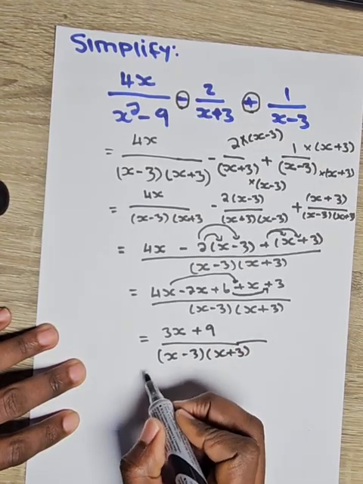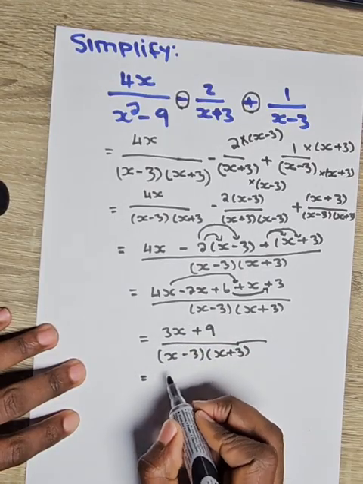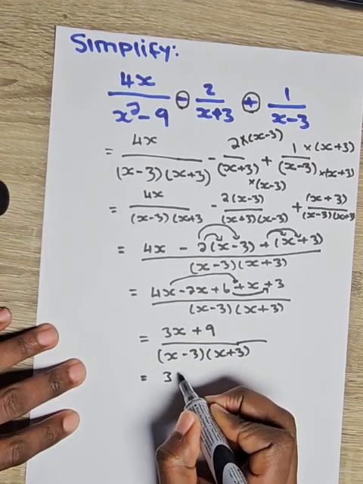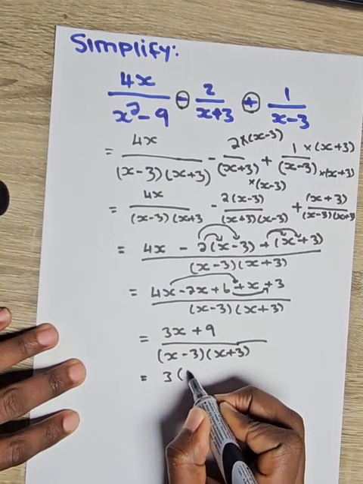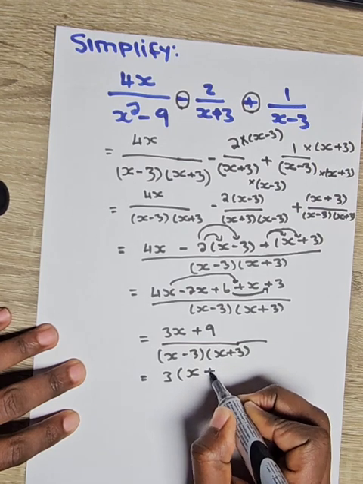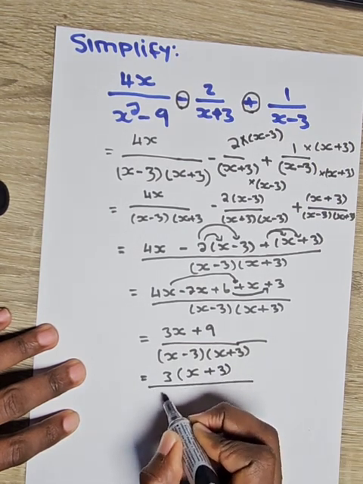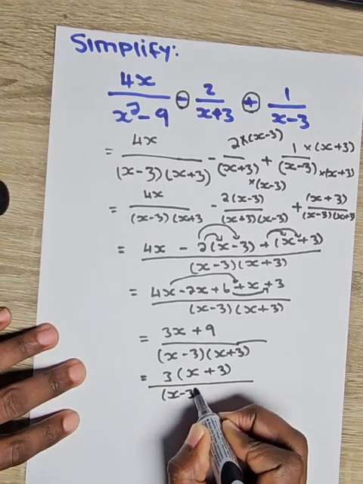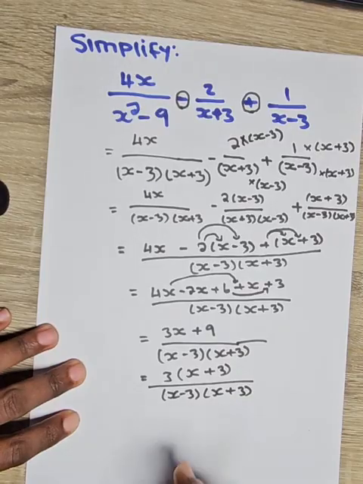Now we can simplify on top after collecting the like terms, which gives us the highest common factor, which is 3, and then the bracket x plus 3, over x minus 3 times x plus 3.